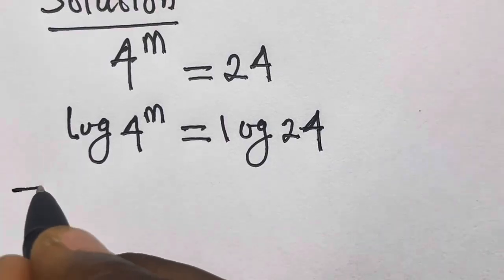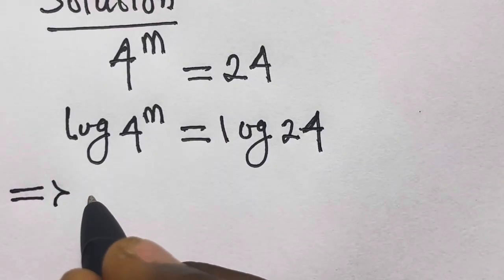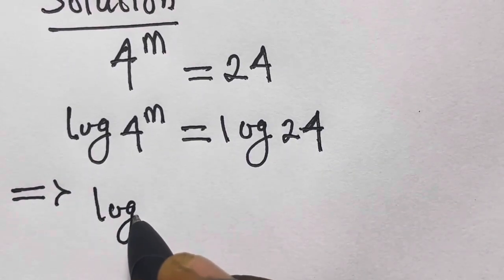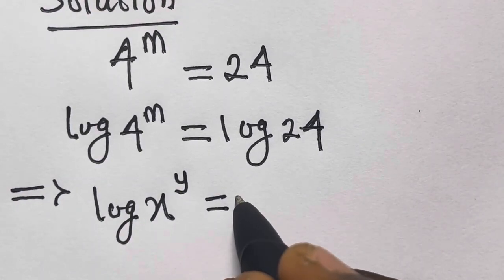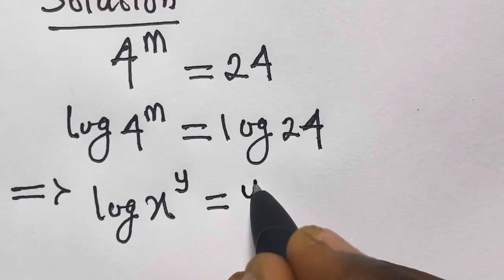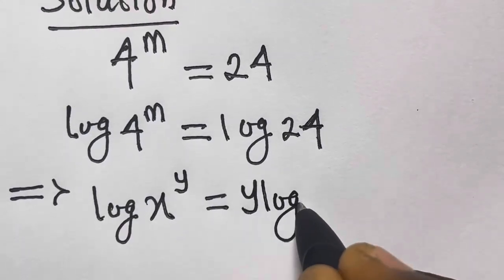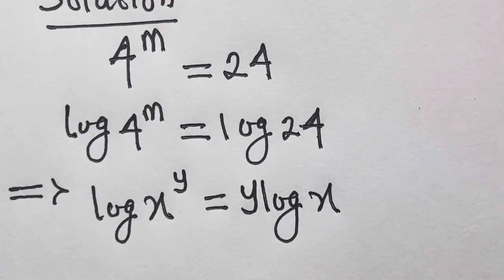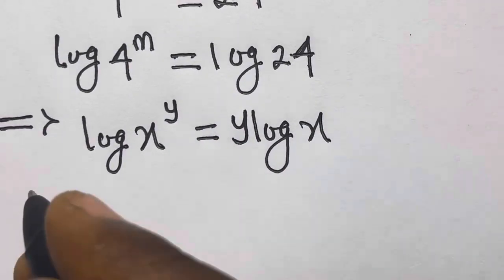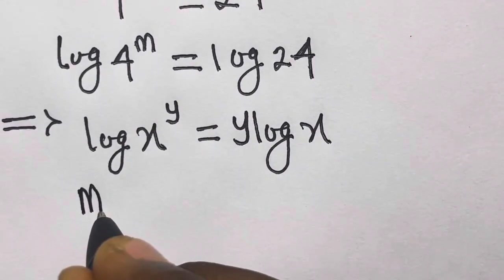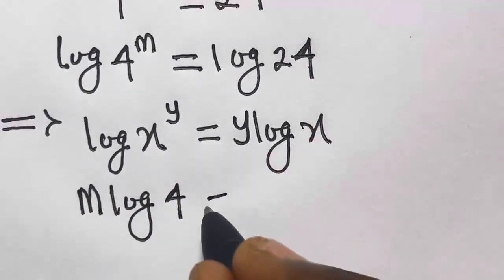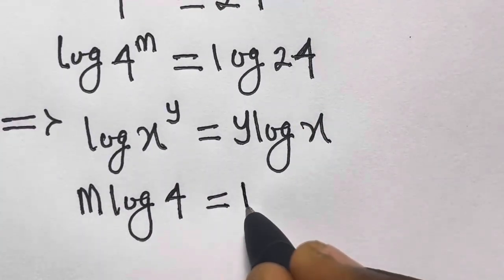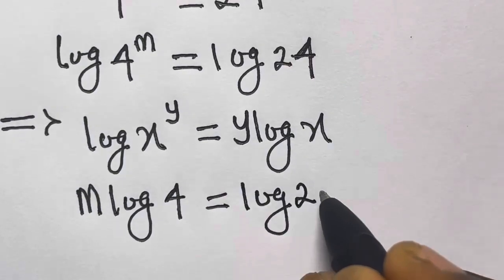But remember that wherever we have log x raised to power y, taking y forward, we have y log x. So if we apply this, we are going to have m log 4 for the left hand side, and for the right hand side we are going to have log 24.